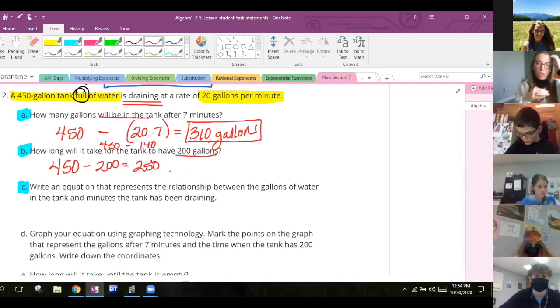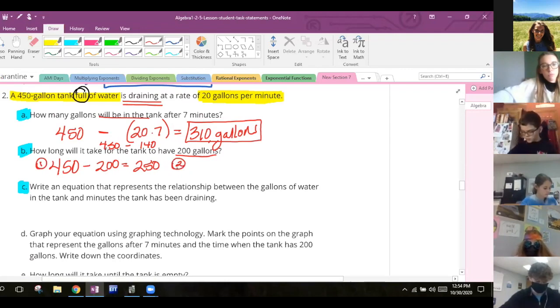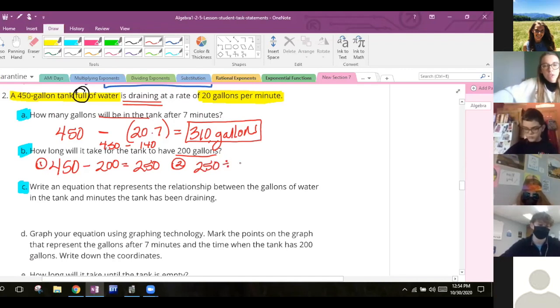If they lose 20 gallons per minute, how are we going to figure out how long that takes? What are we going to do with the 250? Divided by 20. We're going to divide it by the 20 gallons per minute, which is going to give us 12.5 minutes to lose 250 gallons.